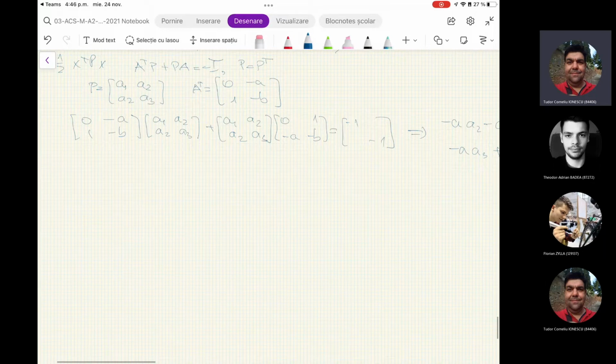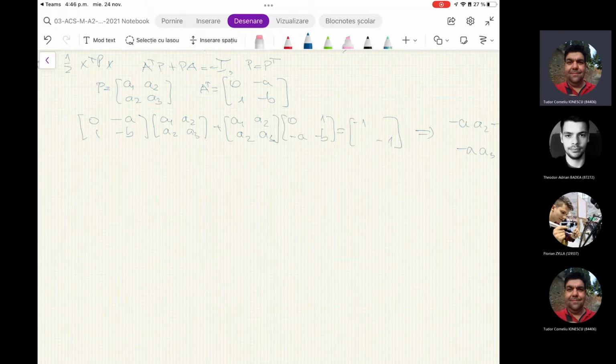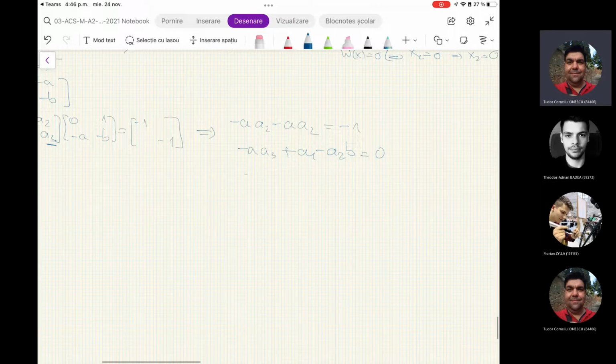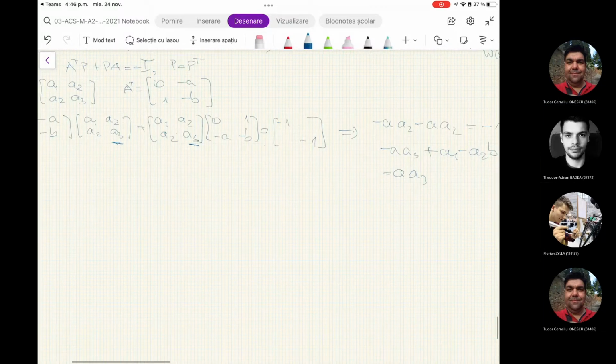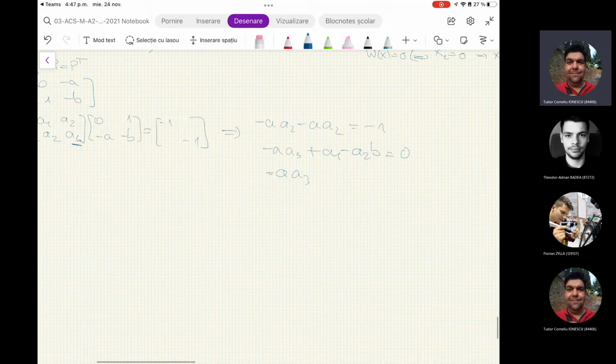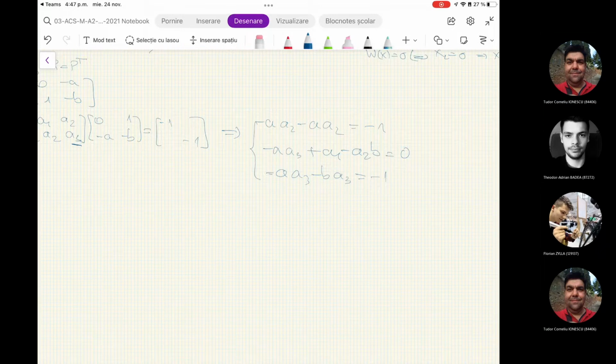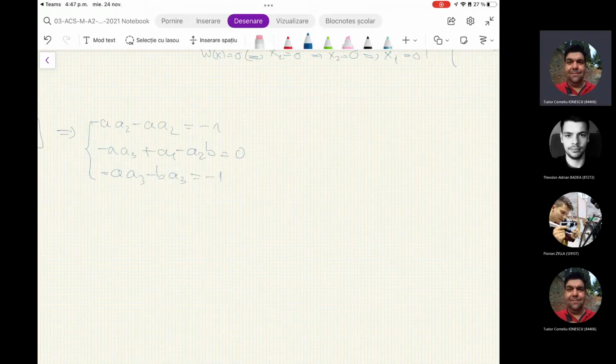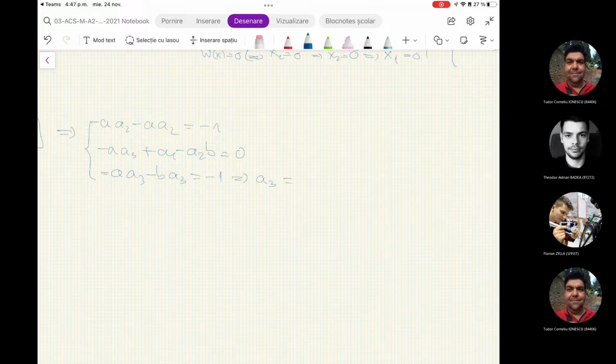And the third equation, because it's symmetric, you have only one more, this corner: minus A A3 minus A3 B minus B A3 is minus 1. And here you get A1, A2, and A3. For instance, A3 is 1 over B minus A.